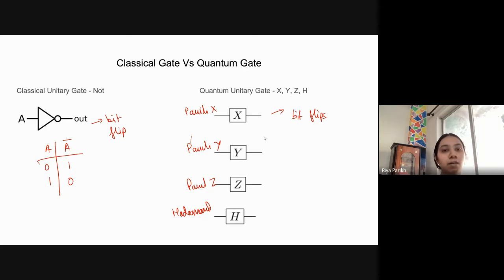Pauli Y does a combination of a bit flip and phase flip. Pauli Z, or the Z gate, does a phase flip. And Hadamard creates superposition. We saw earlier that the state of a qubit can be both 0 and 1 at the same time. This is what Hadamard does.